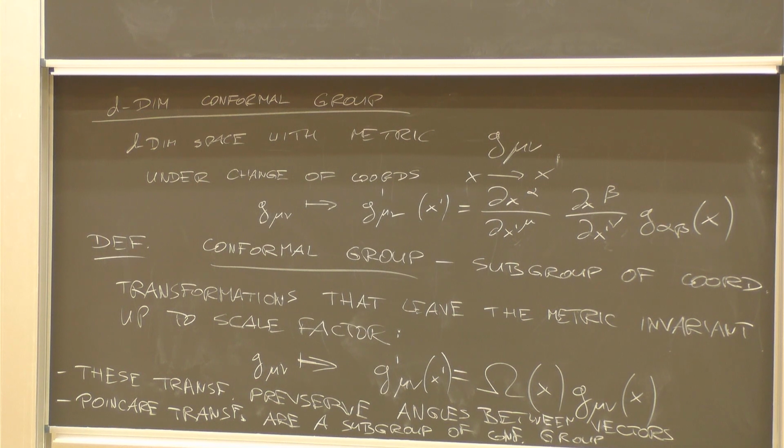If you are in d dimensions in signature p, q, and for now, let's say that this is bigger than 2, then the conformal group is isomorphic to SO(p+1, q+1).